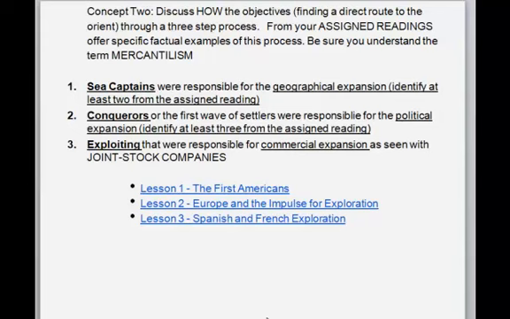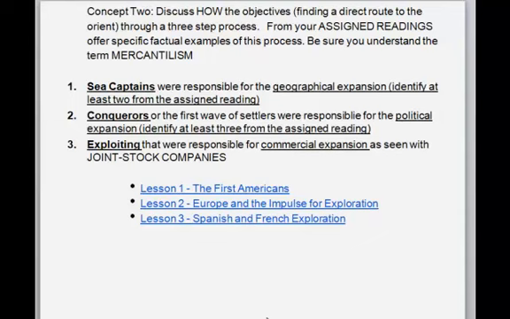Second came the conquerors, or the first wave of settlers, who were responsible for political expansion. This is exemplified by the development of the English colonies, or by the resourcefulness and ruthlessness of the Spanish soldiers, such as Cortez, who laid the foundations for a vast European empire by overwhelming flourishing native cultures in the New World.